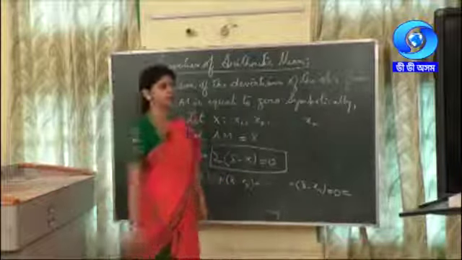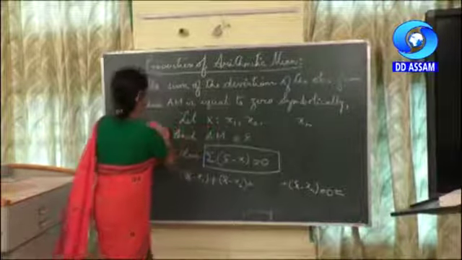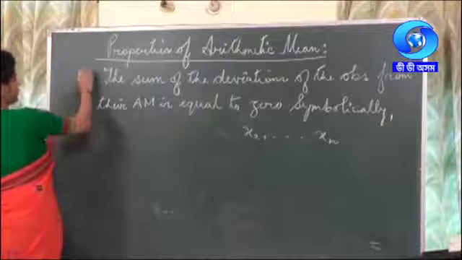The next property of arithmetic mean is, we go to the second property.